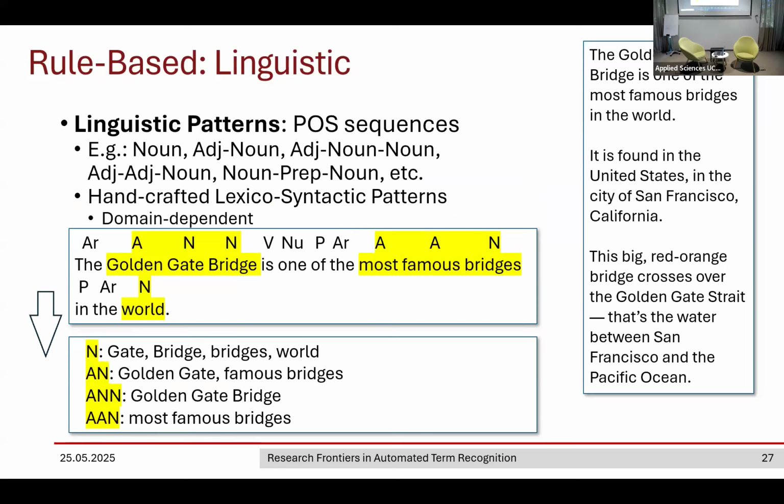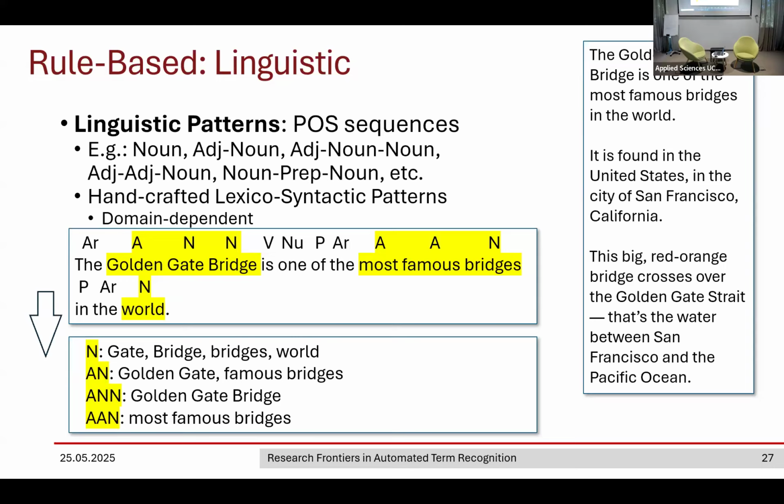And then we apply some linguistic patterns, like part of speech sequences, which are normally specified as rules. The rules might say that a phrase containing just a noun could be a term candidate, or a phrase which starts with an adjective and continues with a noun could be a valid candidate, or adjective noun noun, or noun preposition noun, city of San Francisco, could be a valid candidate.